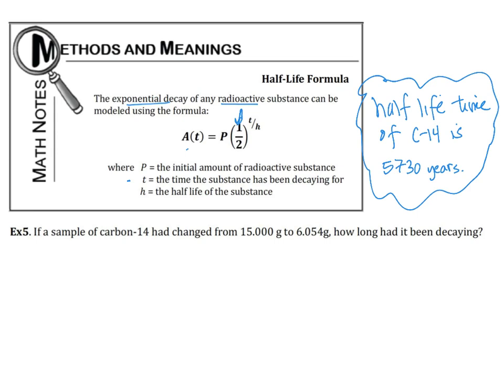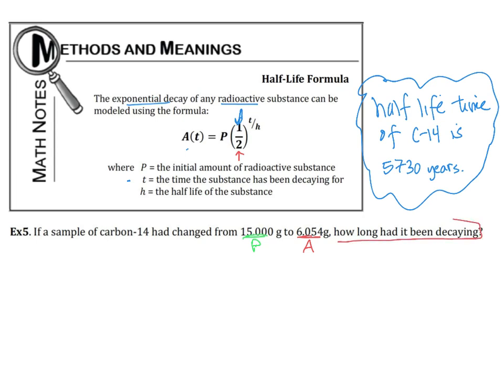So hopefully, after some thought, you've decided that 15 is your initial amount, right? That's your P. You're starting with 15 because that value is going to decrease over time because it's halving itself. So this is your final amount that you're going to end up with. And then how long had it been decaying?